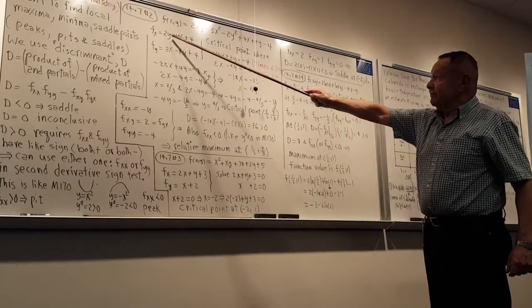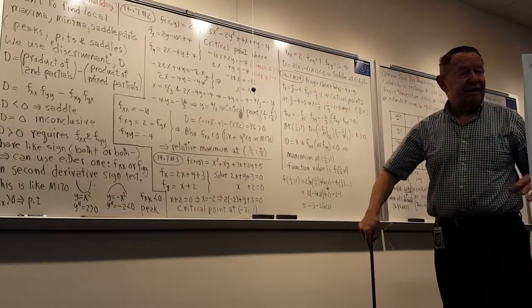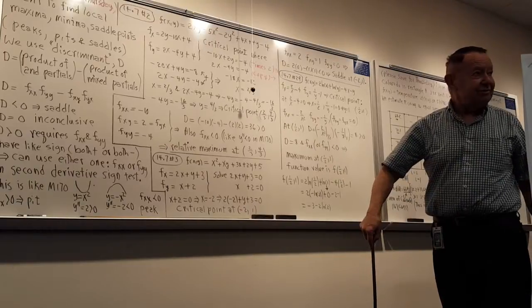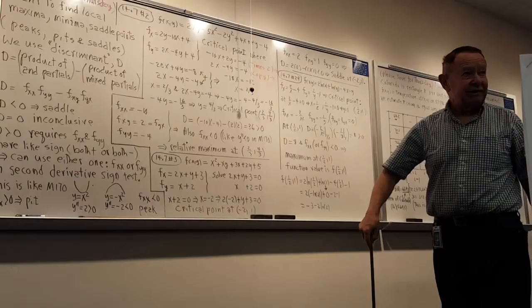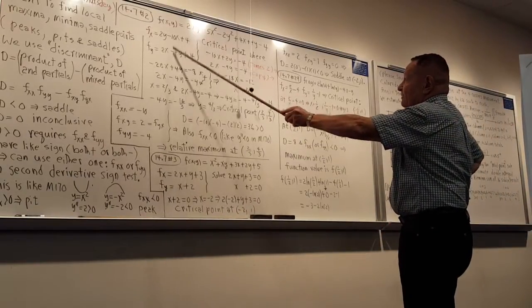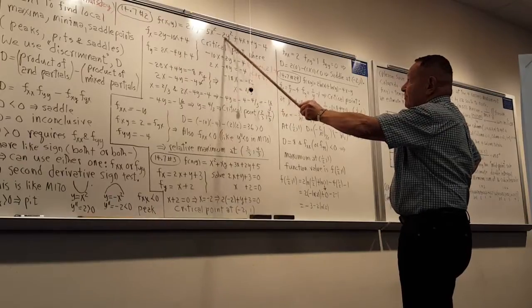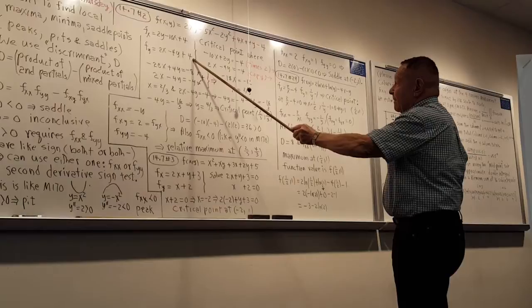Notice this involves both variables, so you're going to have to solve this now as 2 equations and 2 unknowns, which is going to be the usual situation. And then I do my partial with y, which is 2x minus 4y and 4.